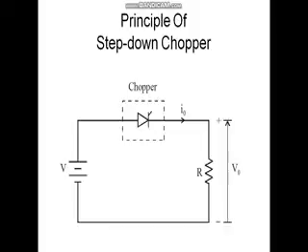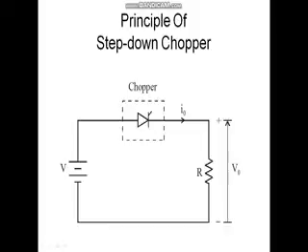Here we are using a thyristor as the semiconducting device, connected with a resistive load. This arrangement is connected to a constant or fixed DC supply. Let us see how this circuit converts fixed DC into variable DC.